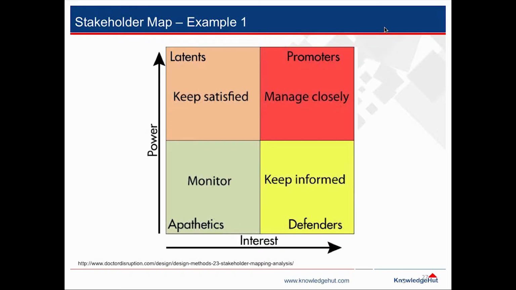But not every player has the same degree of importance throughout. That might change, so you might even need to draw a stakeholder map that changes over time. I would recommend that you use visual elements during that analysis and not just verbal or written techniques.